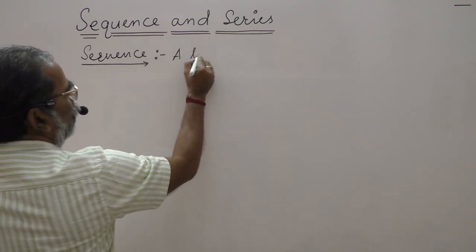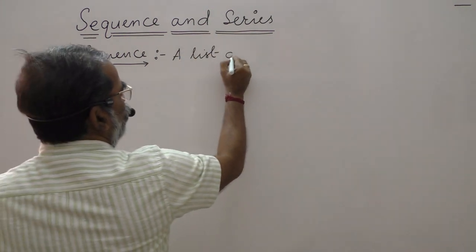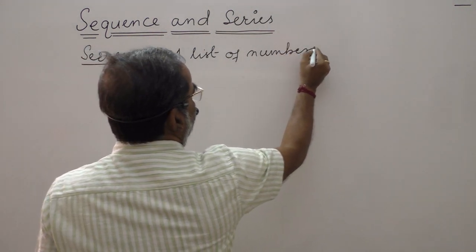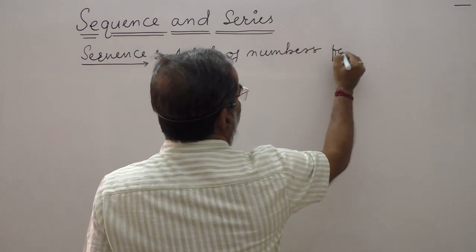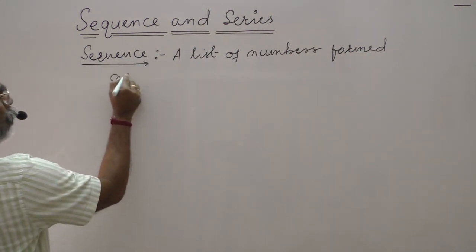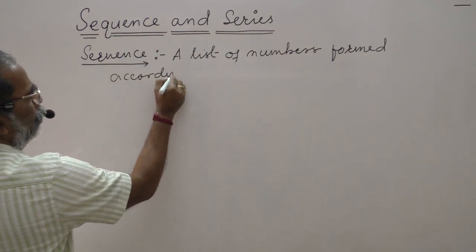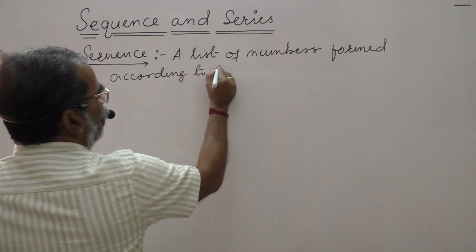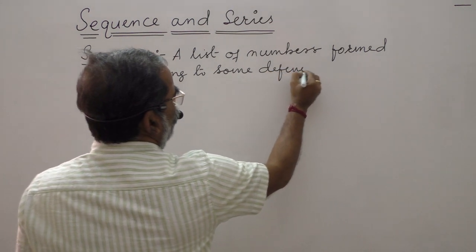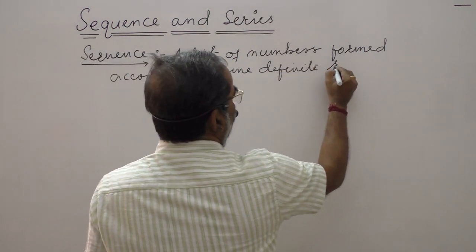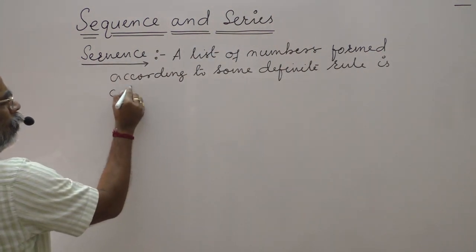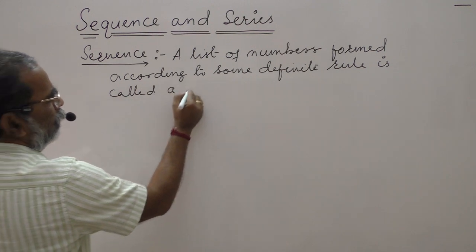A list of numbers formed according to some definite rule is called a sequence.